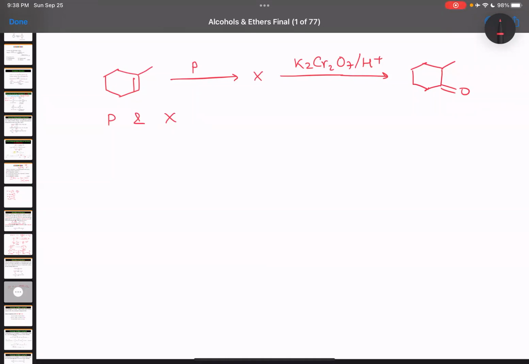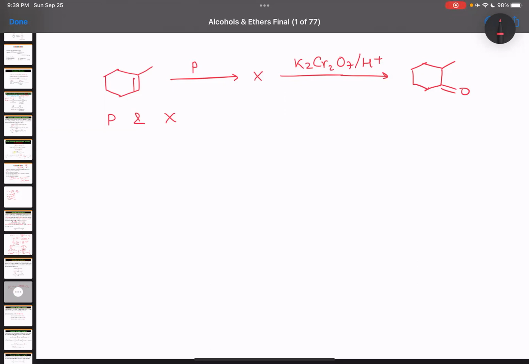Yeah, we studied while preparing alcohols. What is P? Is it H2O, simple addition of water?